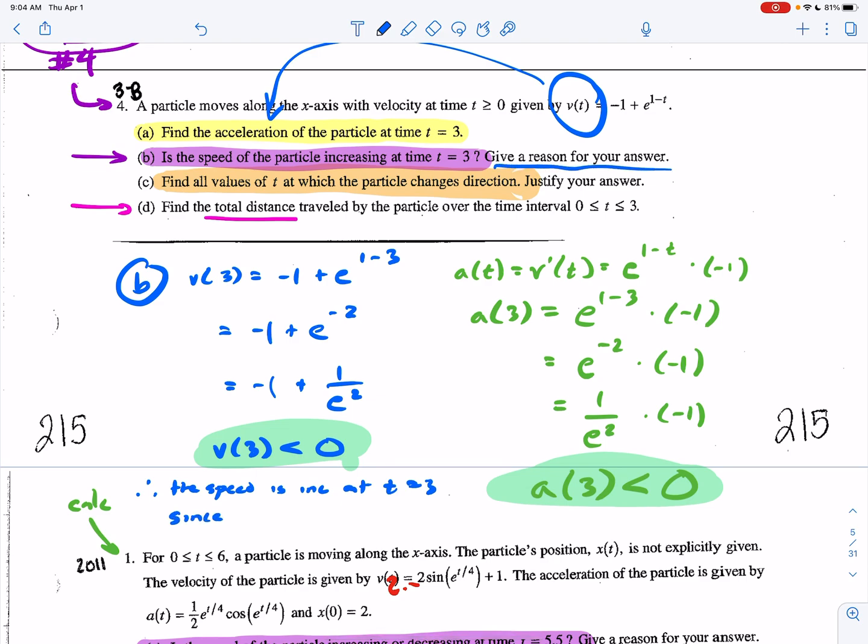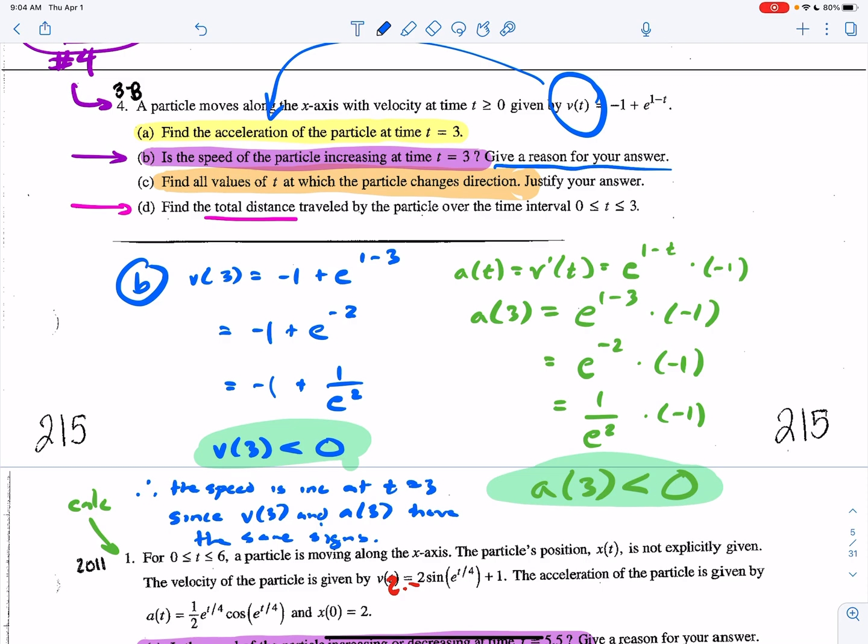Since v of 3 and a of 3 have the same signs. It's that easy, okay? Well, in this case, it was a little bit of algebra, right? But once you understand the concept, the rest appears to be really minor, okay?